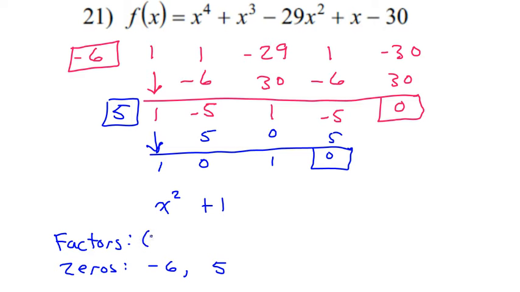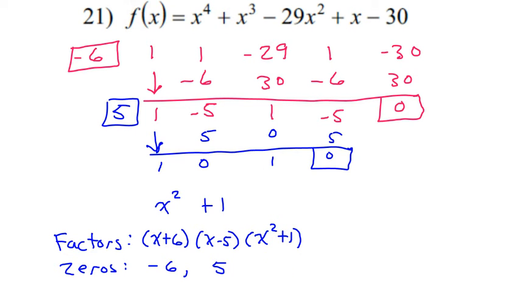That would come from a factor of x plus 6 and a factor of x minus 5. To get the remaining, well, okay, first of all, this doesn't factor. You cannot factor the sum of two squares. It has to be subtraction. If this were subtraction, I would do x plus 1, x minus 1. But x squared plus 1 cannot be factored. Okay, so I'm going to keep it among my factors.